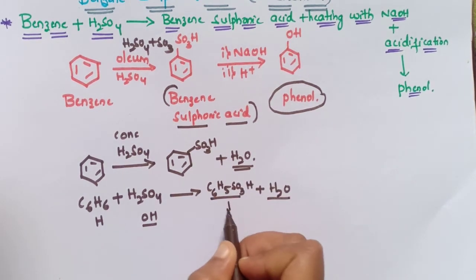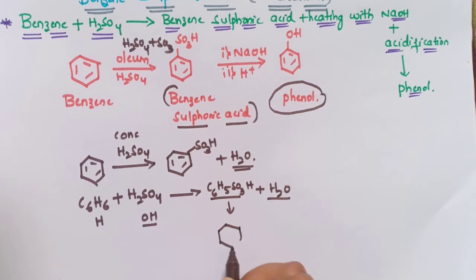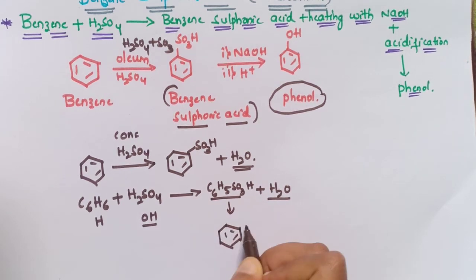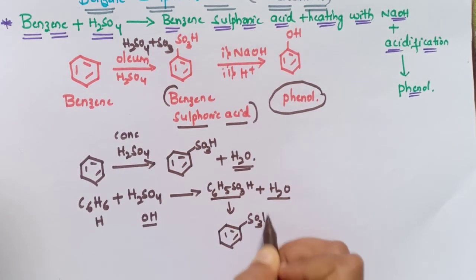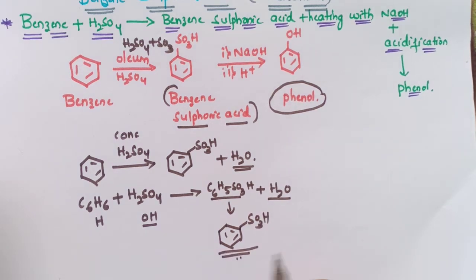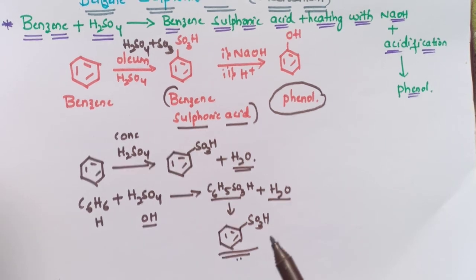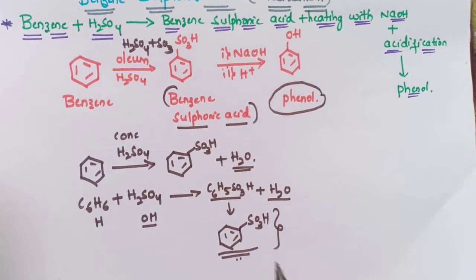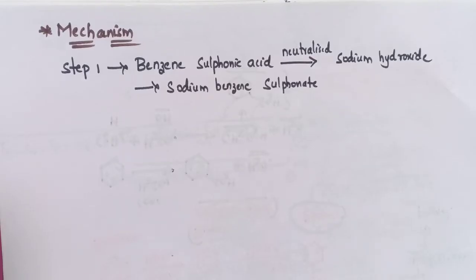So it is benzene sulfonic acid. This is the reaction of formation of benzene sulfonic acid from benzene. It is very important for this mechanism. Now let us see the mechanism of this preparation of phenol from benzene sulfonic acid. This mechanism consists of 3 steps. Now let's see the first step.